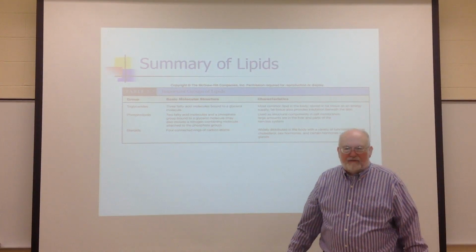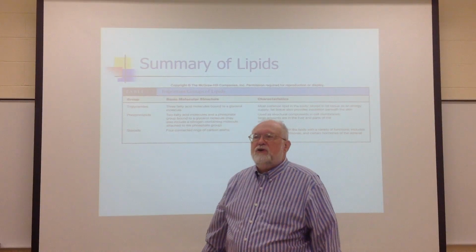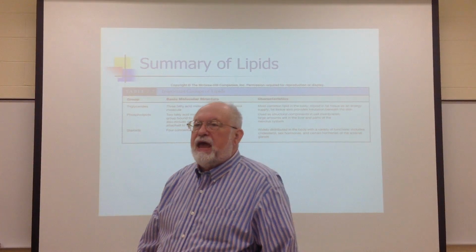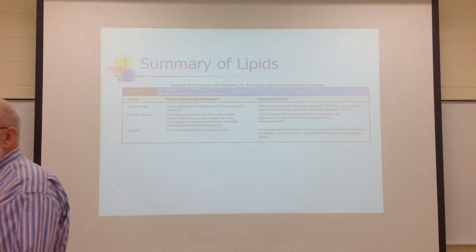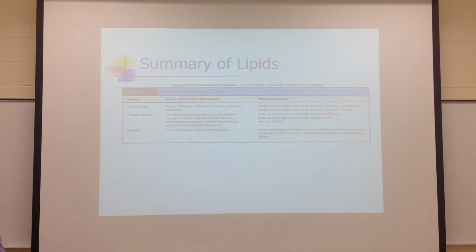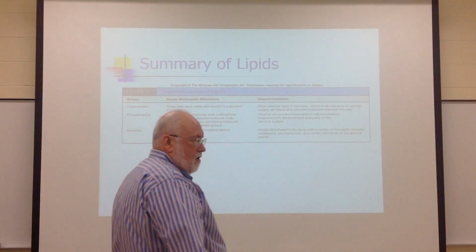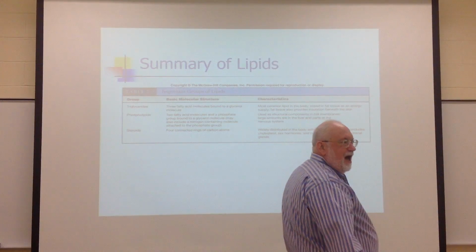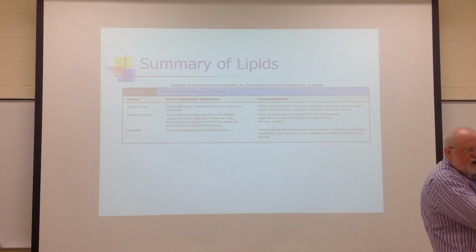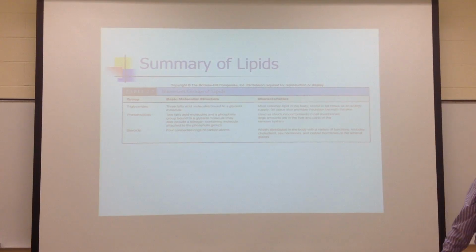Phospholipids, what are they made of? Glycerol, 2 fatty acids, and a phosphate, and maybe an amino alcohol. So what elements? Carbon, hydrogen. Notice how carbon and hydrogen all go together so well. Carbon, hydrogen, oxygen, phosphorus, and maybe a nitrogen.